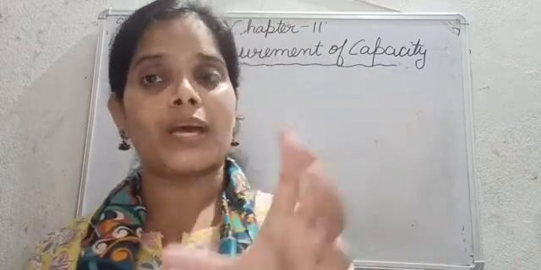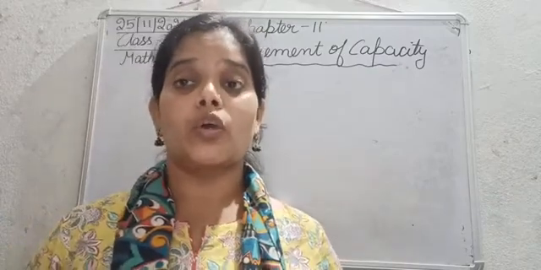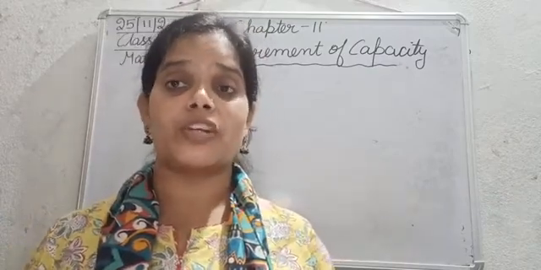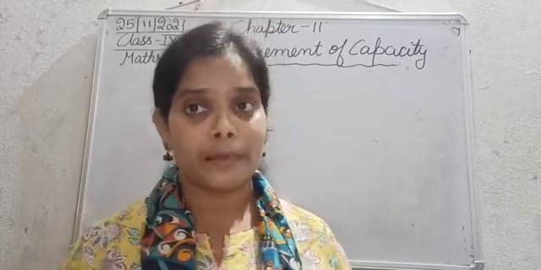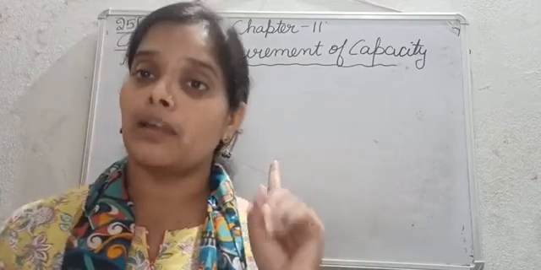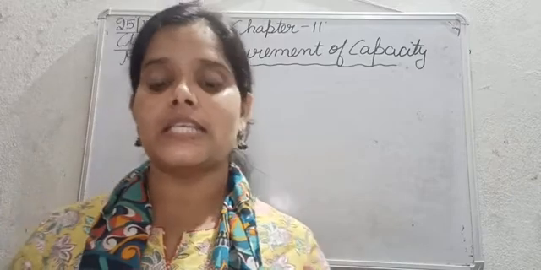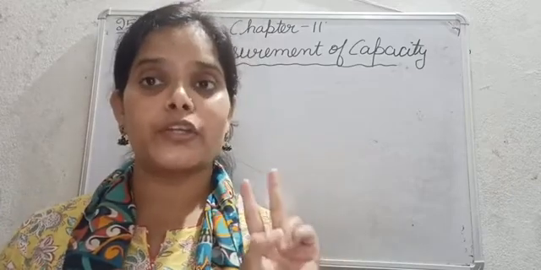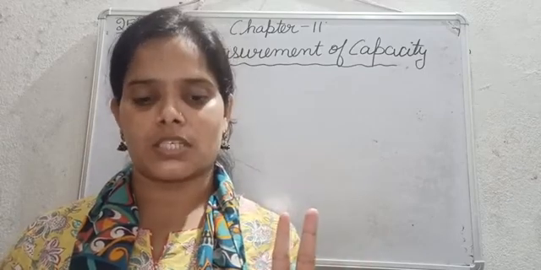There is an important term that you have to remember during this whole chapter. In the measurement of weight, how did we measure the weight? We measured it in grams and kilograms. Similarly, when we measure the capacity, we use two units, that is liter and milliliter. These are the two standard units for the measurement of capacity.